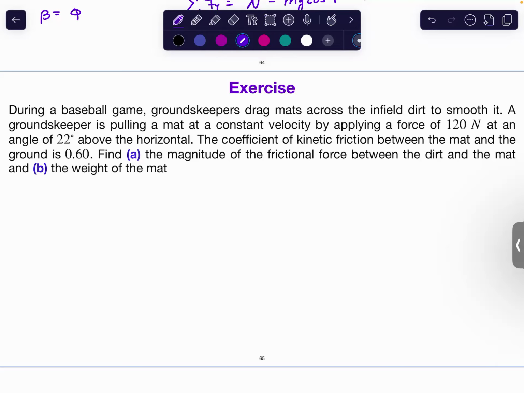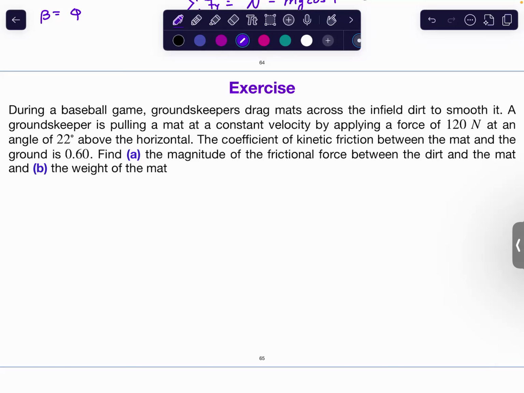It's moving at constant velocity by applying a force of 120 newtons at an angle of 22 degrees over the horizontal. The coefficient of kinetic friction between the mat and the ground is 0.60, so it's dragging along the ground, creating friction. Find A, the magnitude of the frictional force between the dirt and the mat, and B, the weight of the mat.